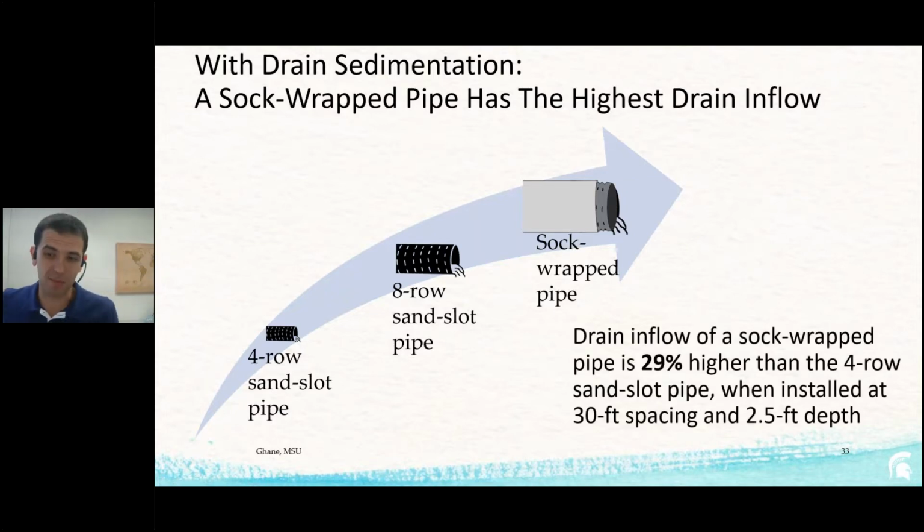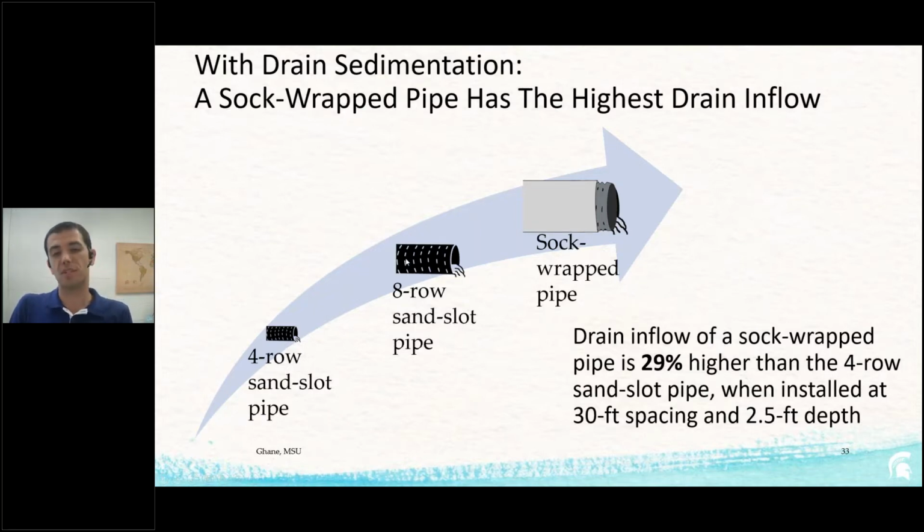Let me give you an example. If, let's say, you have a drainage system with 30 feet spacing and 2.5 feet drain depth, then you are going to have 29% higher flow with that sock when you compare it to the 4-row.